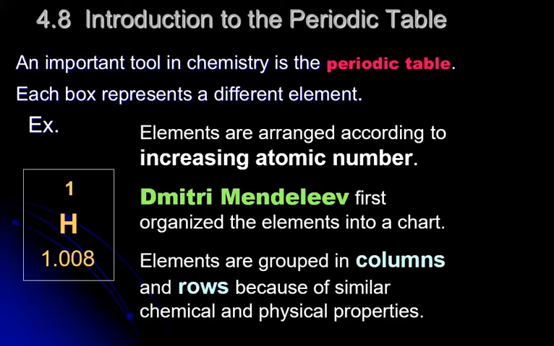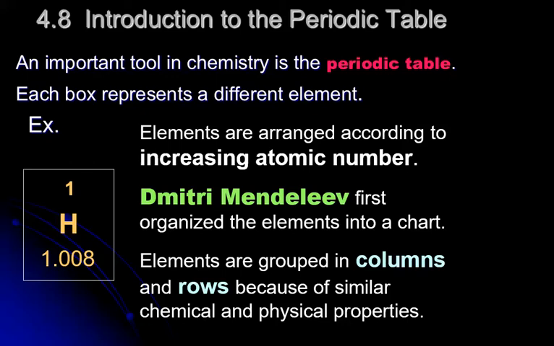So Dmitri Mendeleev was one of the first people to take the elements that were known at that time and organize them into a chart. There were other people that were doing this at the time, but he was the first one who really found the patterns that existed among the elements known in his time, and he arranged them according to properties that he was seeing occurring.